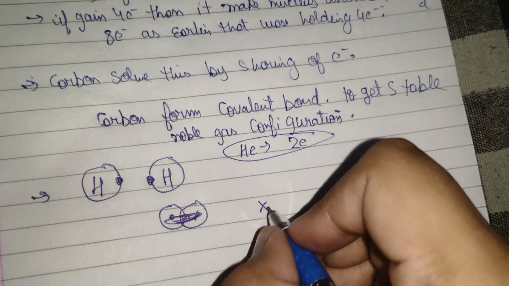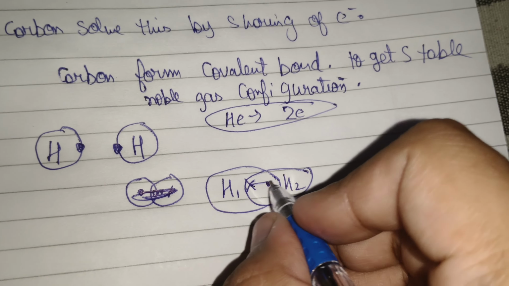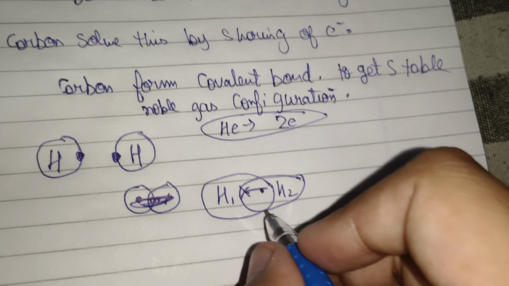We can represent the electron of hydrogen 1 with a cross and hydrogen 2 with a dot. This bond formed between the two hydrogen atoms is known as the covalent bond.